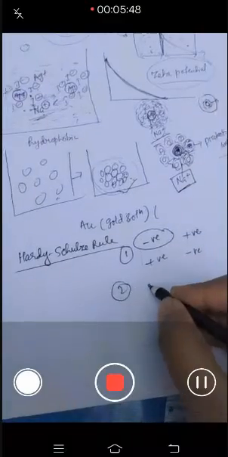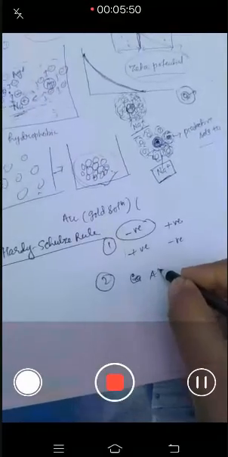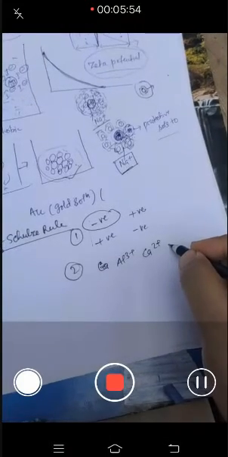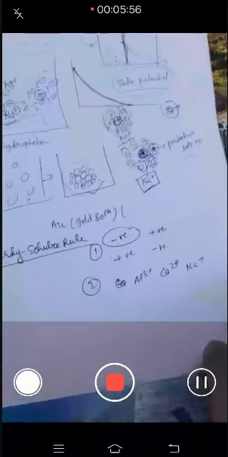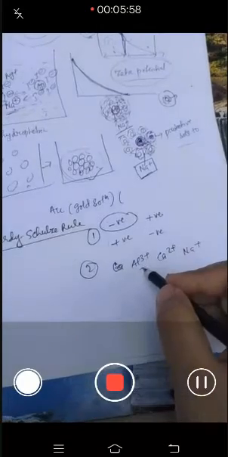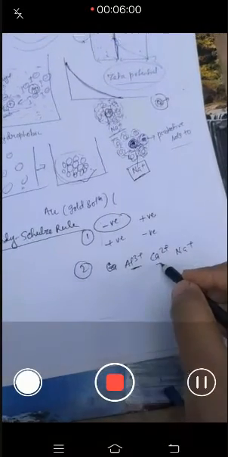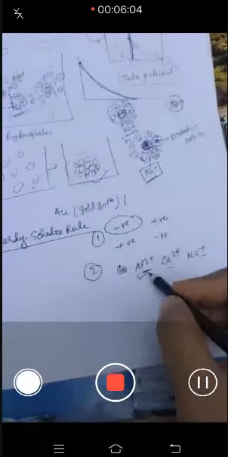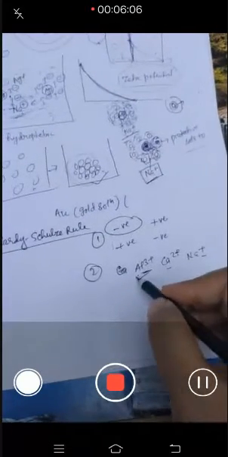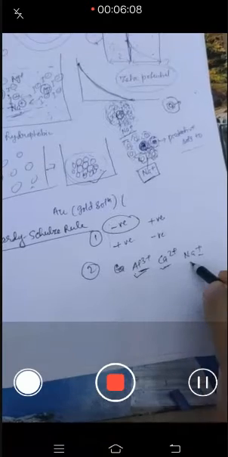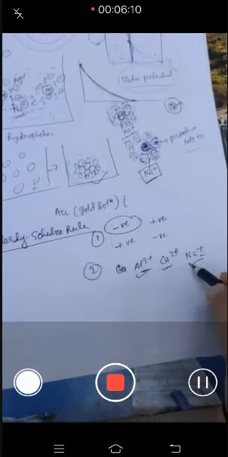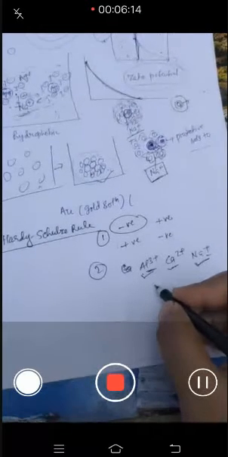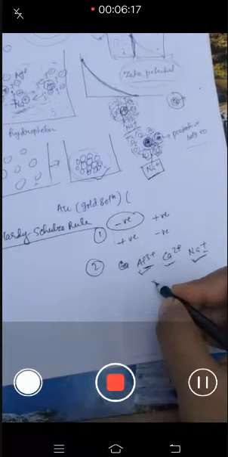For example, if I say aluminium 3 plus, Ca2 plus and Na plus, then obviously this is 3 plus, this is 2 plus, this is only plus 1. So the aggregating power of aluminium 3 plus will be more than calcium, and better than Na plus, and it is proportional to the square of the valency.